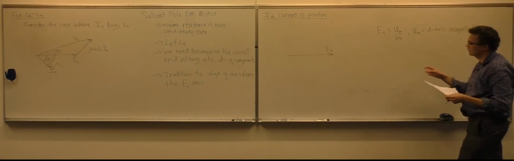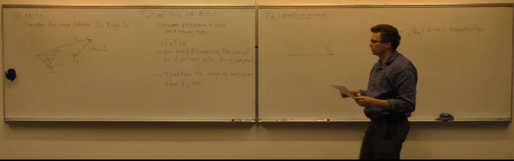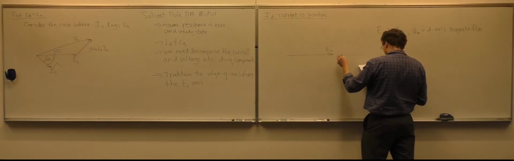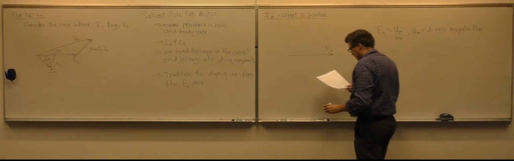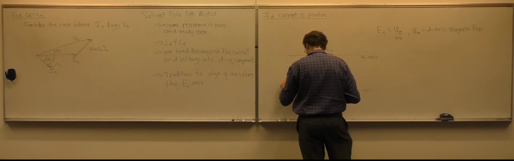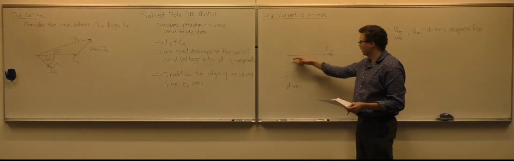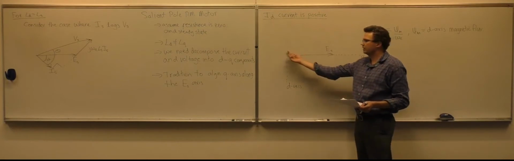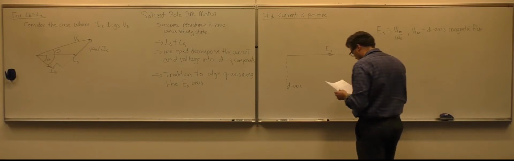So based on tradition, we align the ES with the q-axis and the d-axis along here. The US defines the d-axis as down relative to the q-axis. In Europe they have the d-axis up.